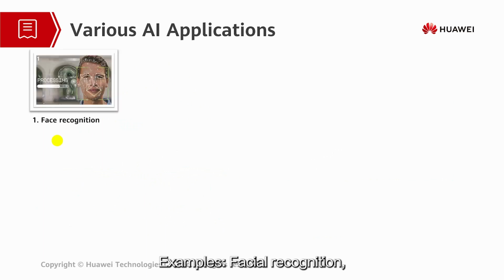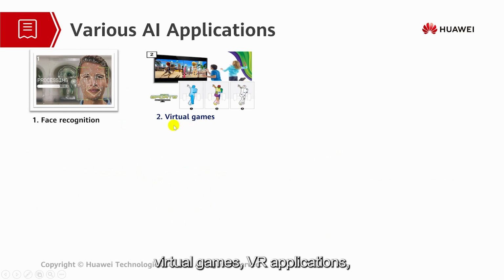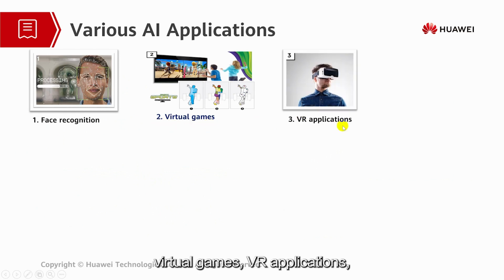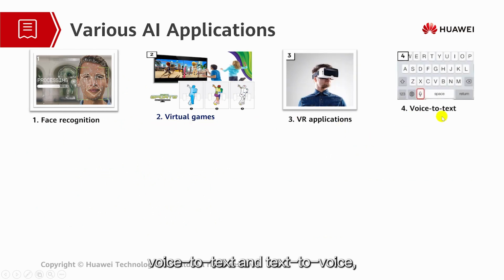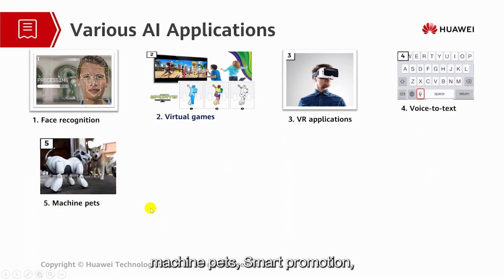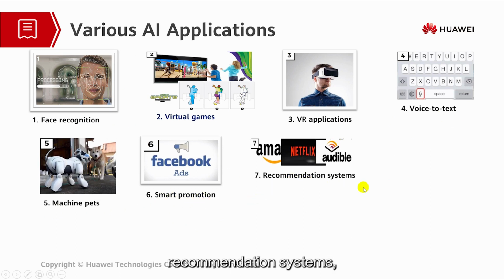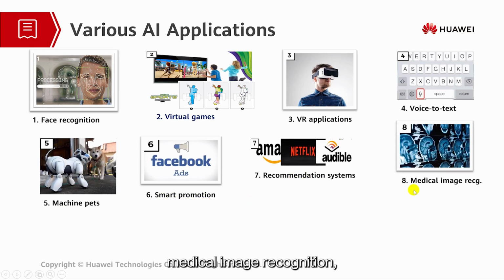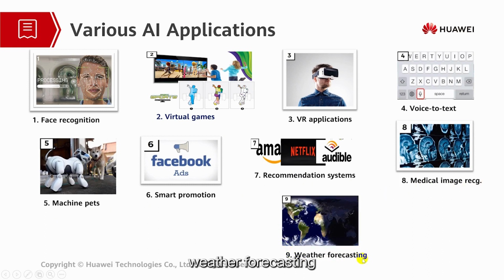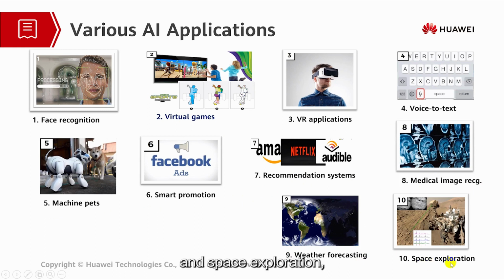Examples: facial recognition, virtual games, VR applications, voice to text and text to voice, machine pets, smart promotion, recommendation systems, medical image recognition, weather forecasting, and space exploration, and many others.